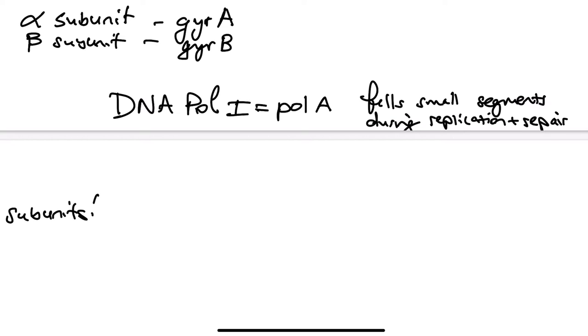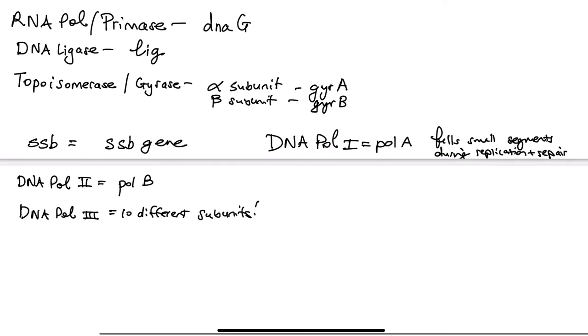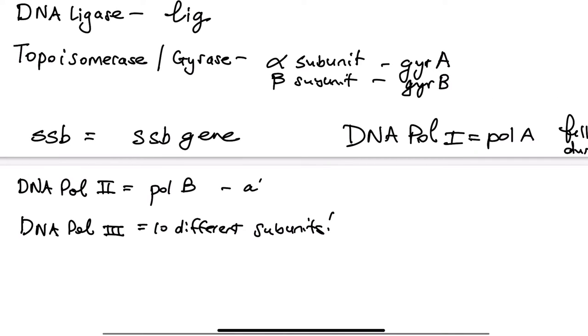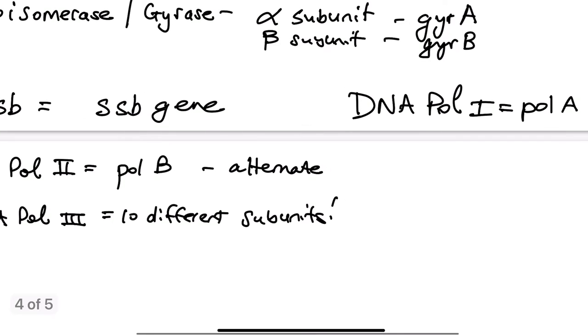If we look at DNA pol 2 or pol B, it is an alternative pol to replicate damaged DNA. So it's not the main one, right? It's going to help wherever there's damage.